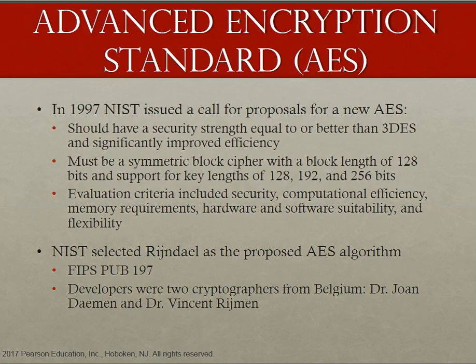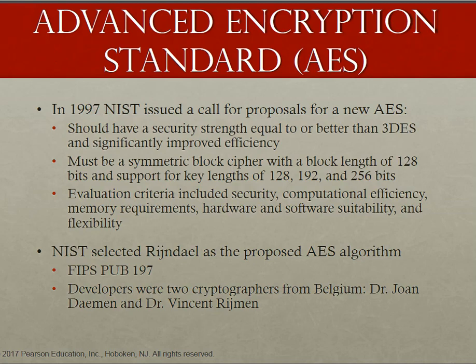So that's why they tried to call for proposals. So that's why they got the Advanced Encryption Standard AES. The AES was supposed to have a security strength at least equal to or better than 3DES and significantly improved efficiency, right?